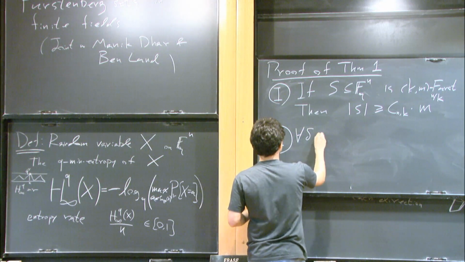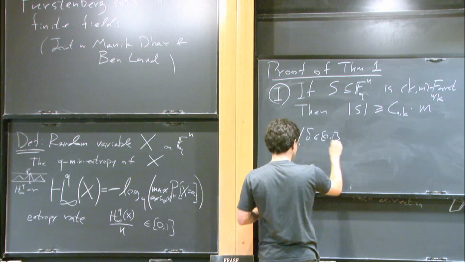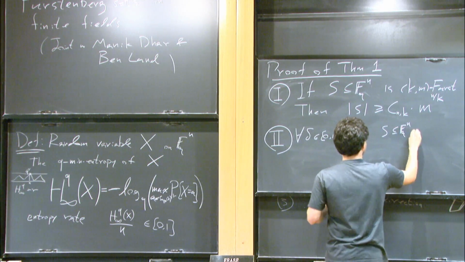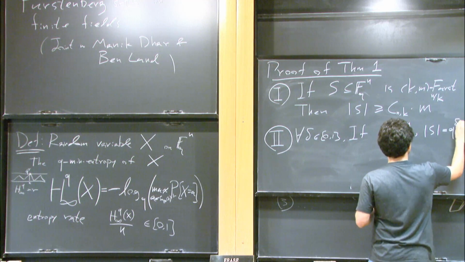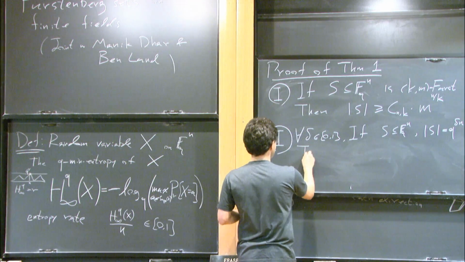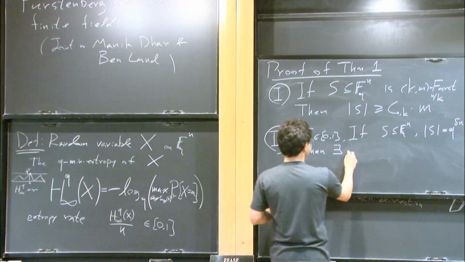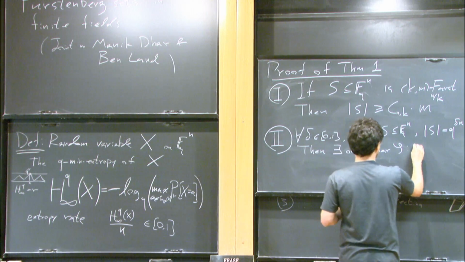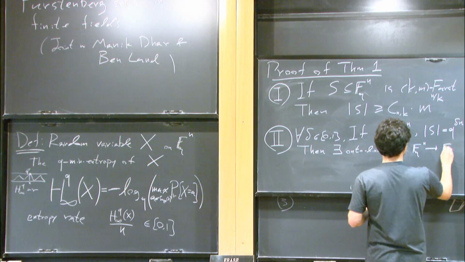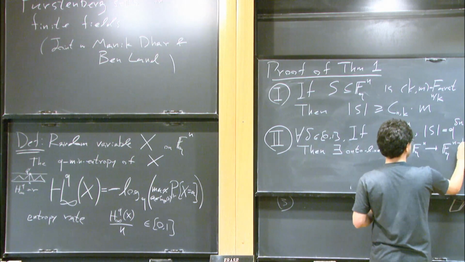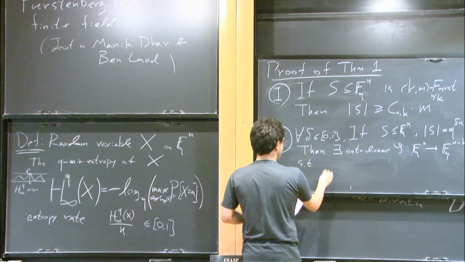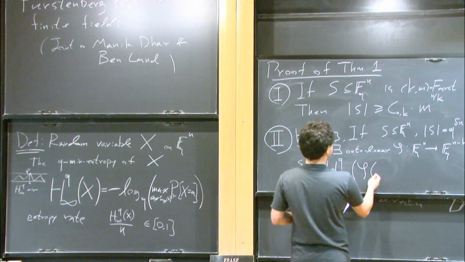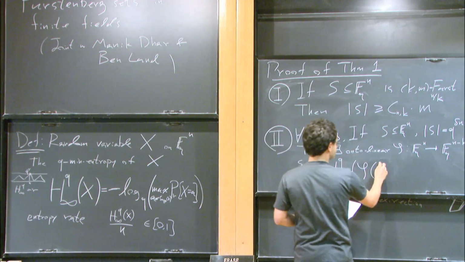For every delta, if S is a subset of F_q^n of size q^{delta n}, then there exists an onto linear map phi from F_q^n to F_q^{n-k}, such that the min-entropy of phi of, so I want to take the random variable uniform on S, let's call it U_S.